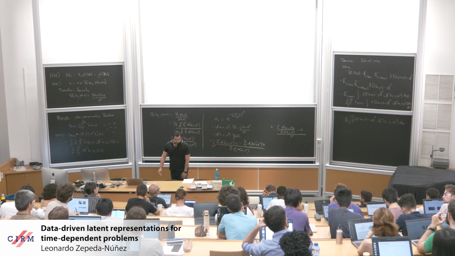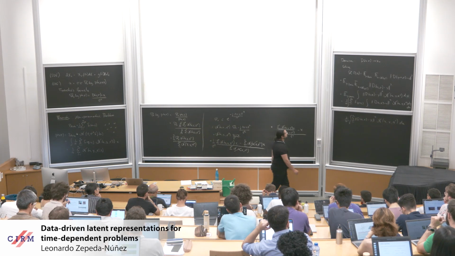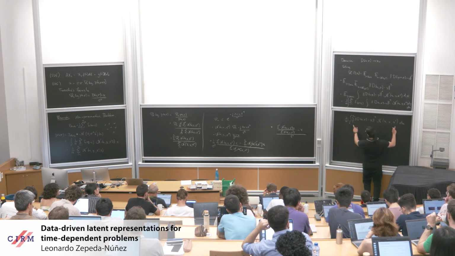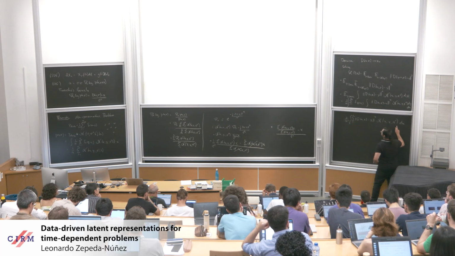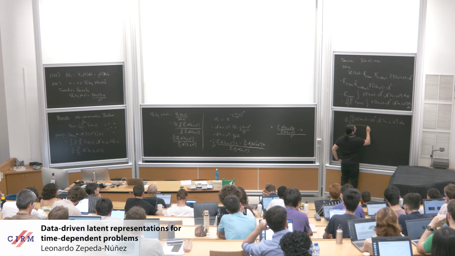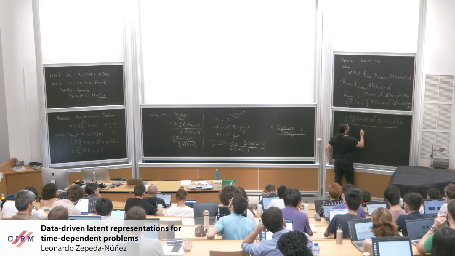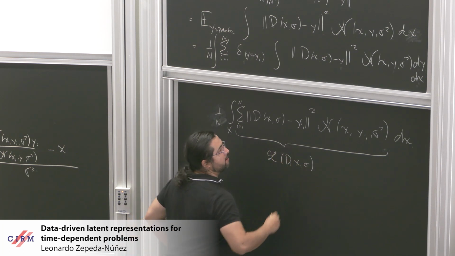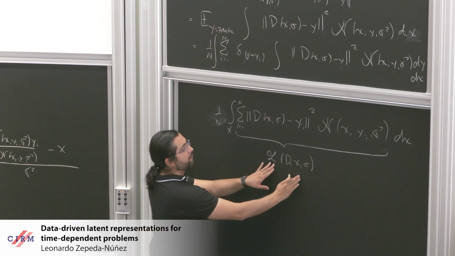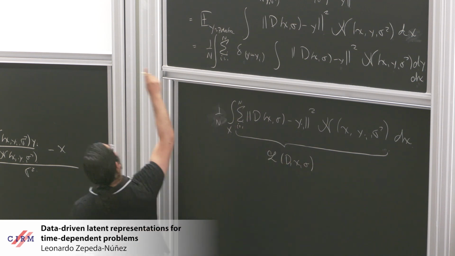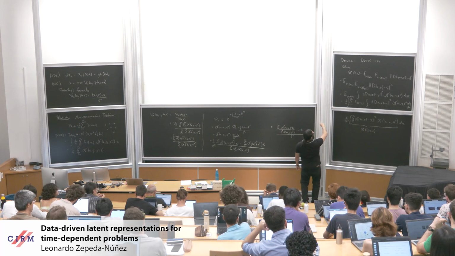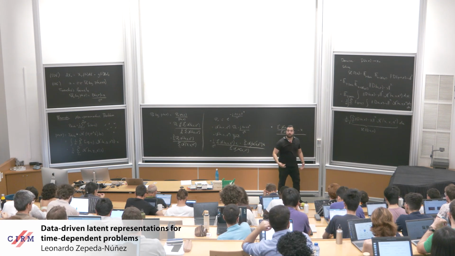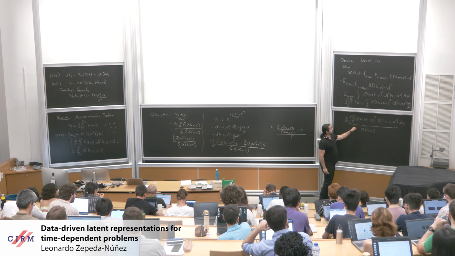Now, there are different ways to do it, but the main point is that if you see here, everything depends with respect to x. So we can say basically all of this is going to be a loss that depends on D(x, sigma). So we fix sigma, and then if we minimize everything that is inside, we minimize our loss that is up there. So you can basically just go and minimize this guy.